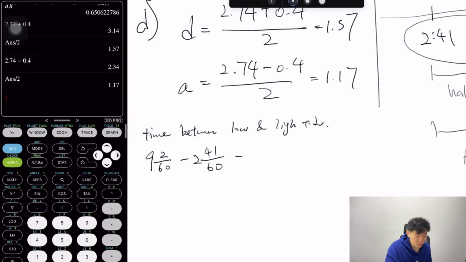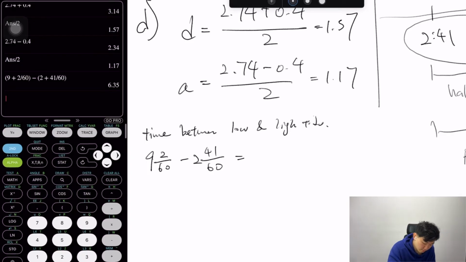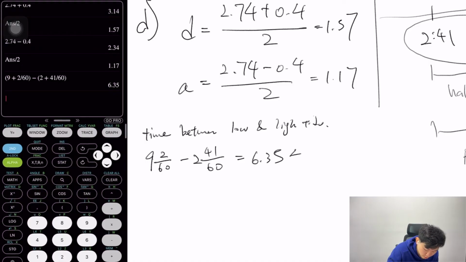We just put it into decimals first. So that means 9 plus 2/60 minus 2 plus 41 over 60. That's going to be 6.35 hours. This is also half the period.